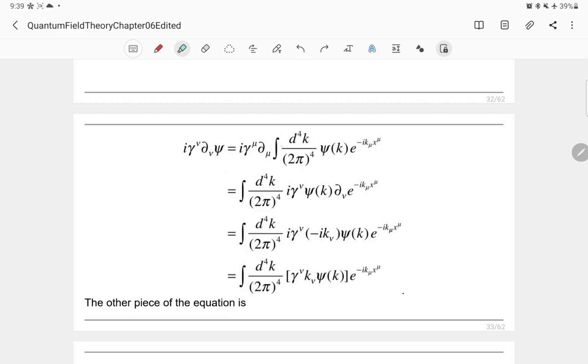Here is your field, so you can put this inside. The generalized derivative commutes with your integral, so you can put them inside.